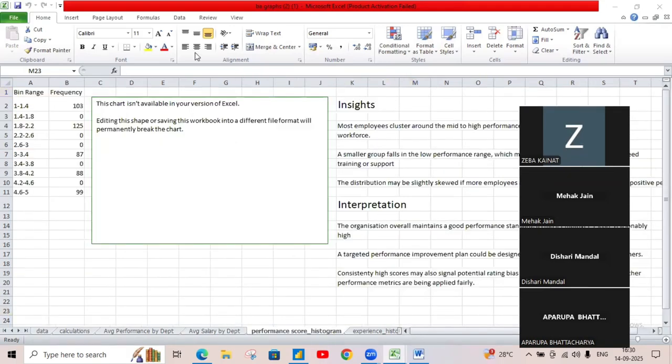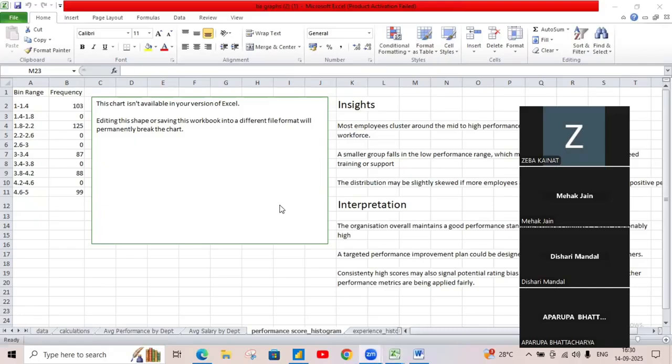So this histogram shows how performance is distributed. 103 employees fall in the lowest score, which is 1, and 125 employees cluster around the mid range, which is 2, and higher performance scores taper off with fewer employees in the 4 to 5 range.